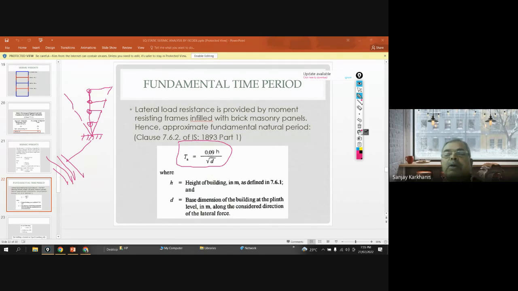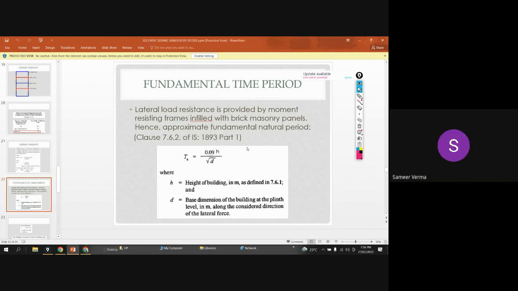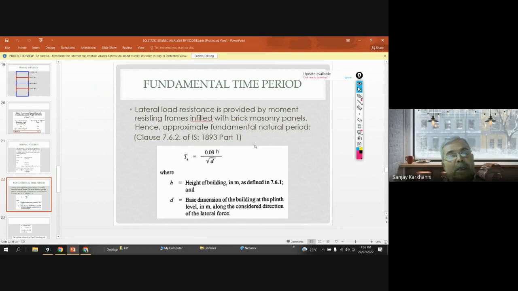And what is the meaning of empirical formula? Experimented on several times and then it is derived. If you ask me the proof of this formula, there is no way that one can define it mathematically.